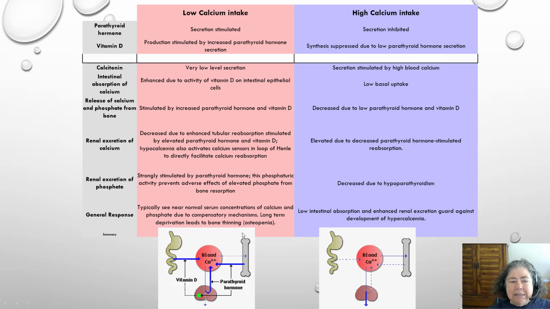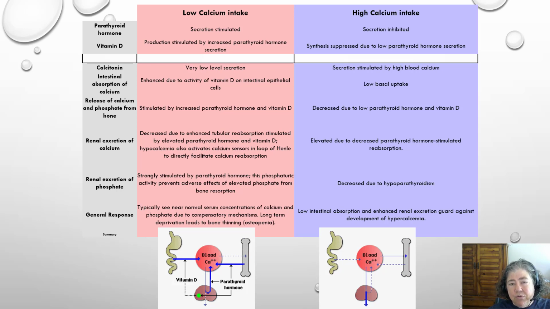And essentially, we end up with normal calcium and phosphate through everything working together, even if over time we get bone loss. So the homeostasis of calcium is important enough that we'll sacrifice bone to maintain normal calcium levels.